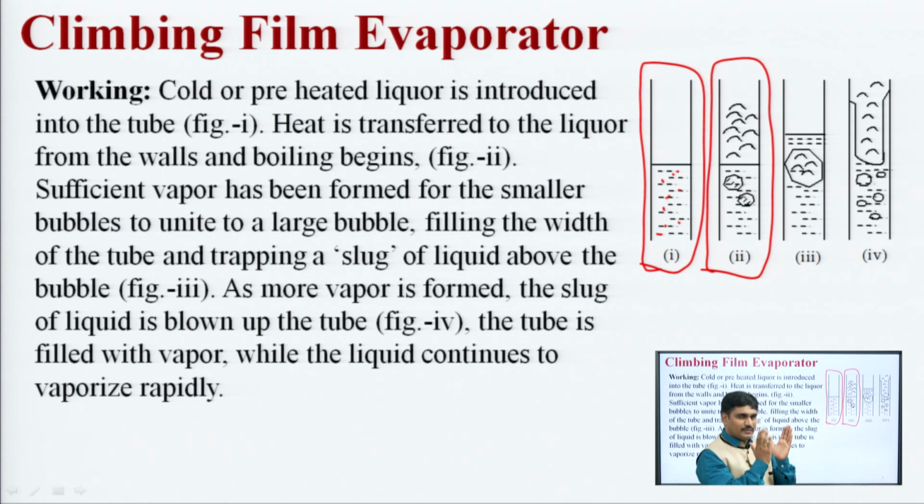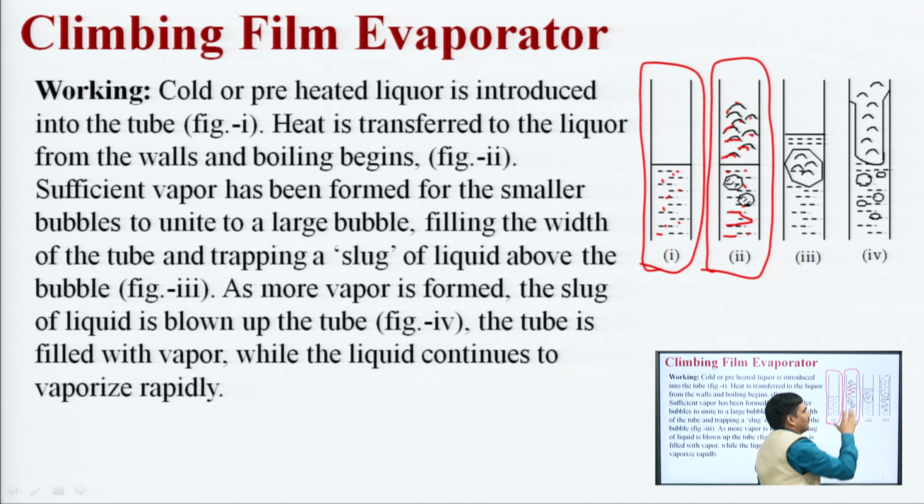So, since it is a steam jacketed chamber, due to this steam jacketing, heat is transferred to this liquid. Okay. As soon as heat is transferred to this liquid, it starts boiling, or we can say that boiling begins. So, some vapors start forming.